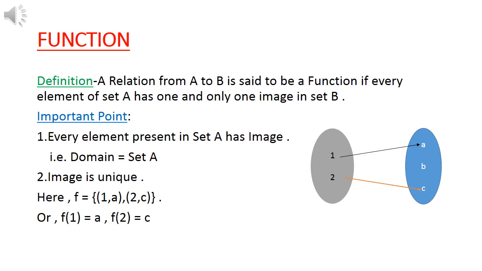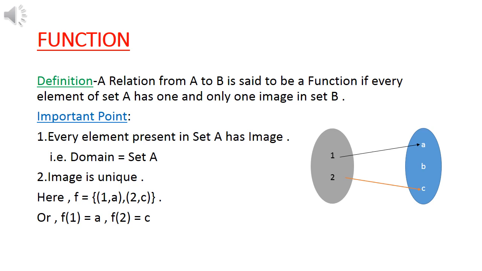Now look at the diagram. Here 1 is related to A, 2 is related to C. The elements present in the first set are 1 and 2. Both have an image. 1 has A and 2 has C. And both have one image, which means the image is unique.